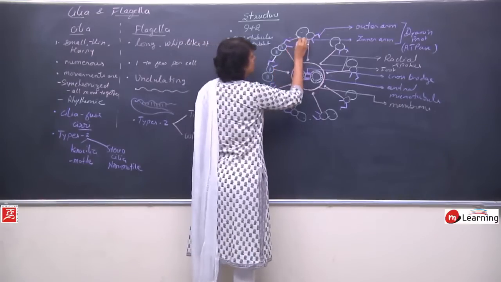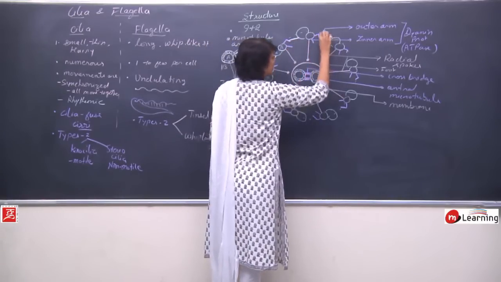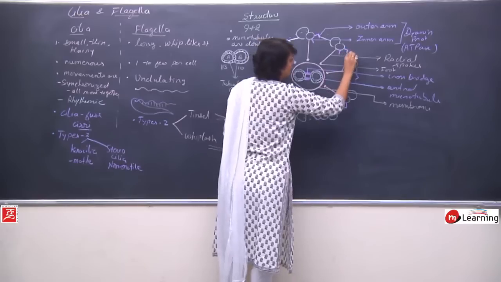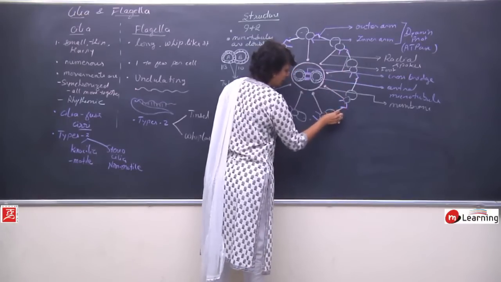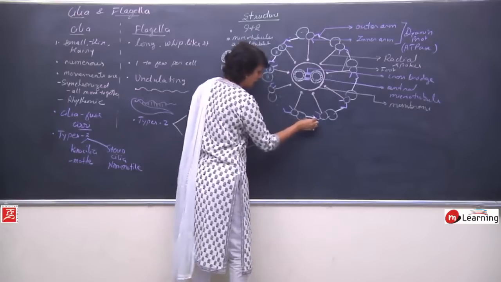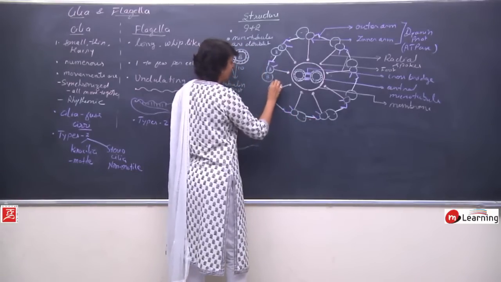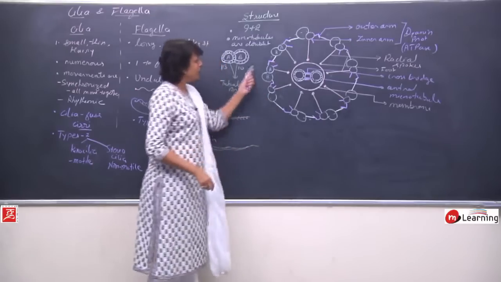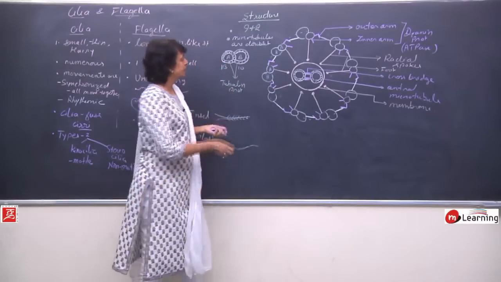Again, outer arm to B is a connection. Outer arm to B. Outer to B. Again, these connections are going to help in letting it move in the form of one unit.